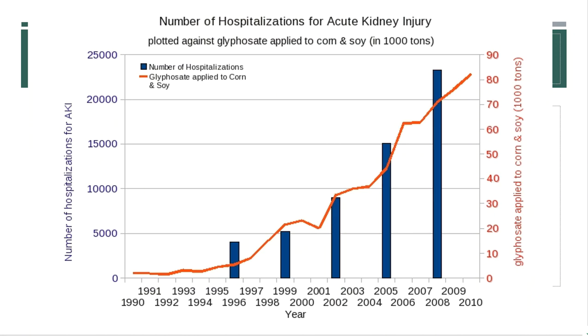What you're seeing on the graph right now is this term called glyphosate. Glyphosate is a very common ingredient in what we call Roundup. And what you're seeing is that the blue bar represents the number of hospitalizations due to kidney stones, and the red bar represents the glyphosate types of products that are used on your food items.